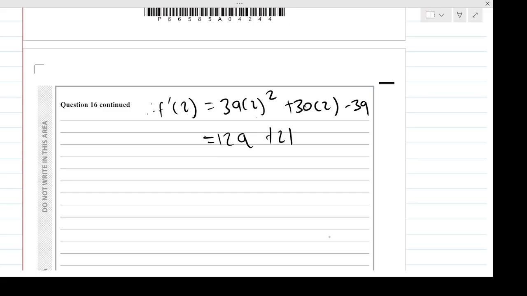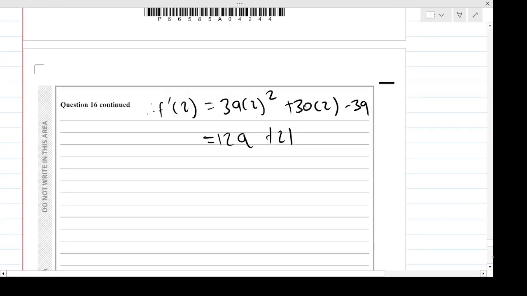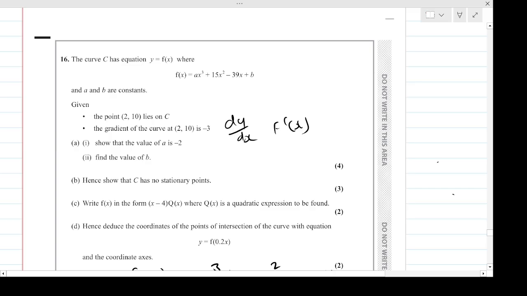And I'm told that the gradient was minus 3. So 12a add 21 equals minus 3. If I solve for a, 12a is minus 24, a is minus 24 divided by 12, which is minus 2. Well, what do you know? We've shown that it's minus 2.